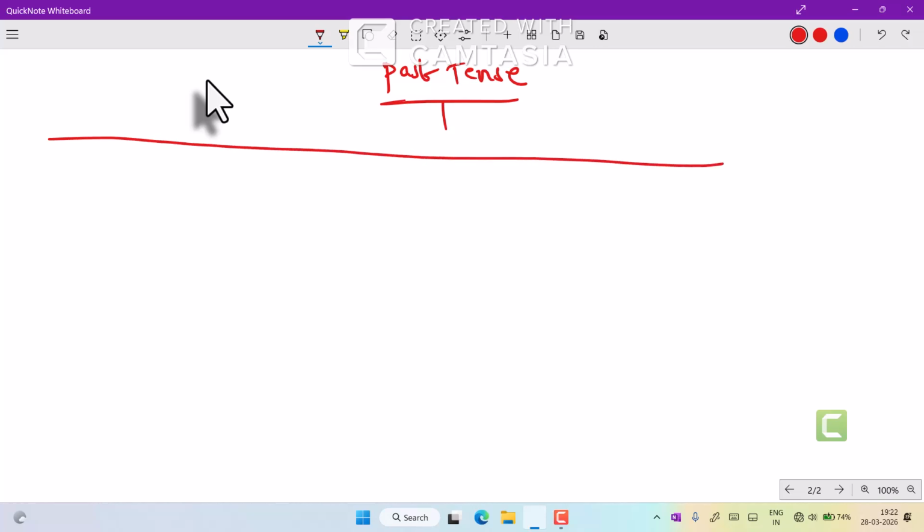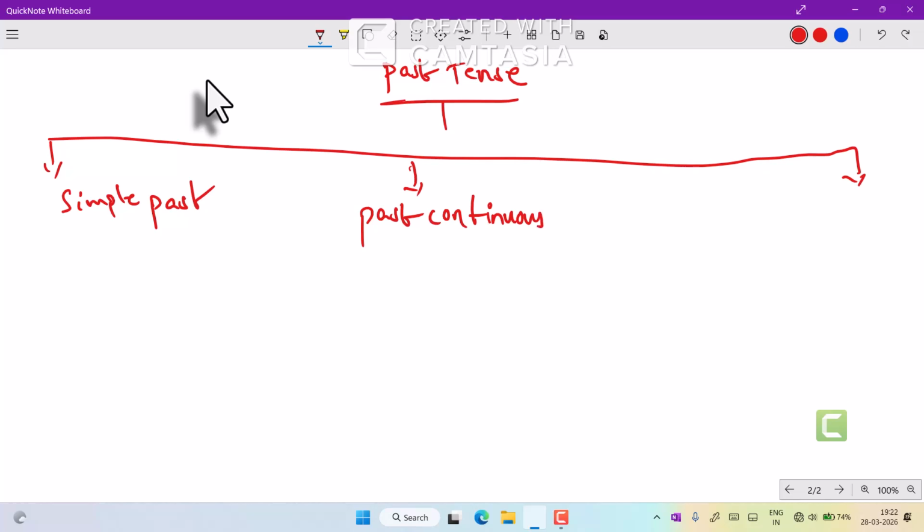Hoping that you are understanding this. Now you come to past tense. Past tense again has four types, of which only three are transitive: simple past, past continuous, and past perfect.